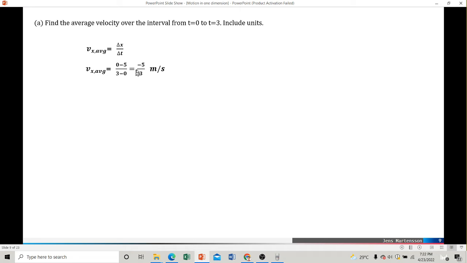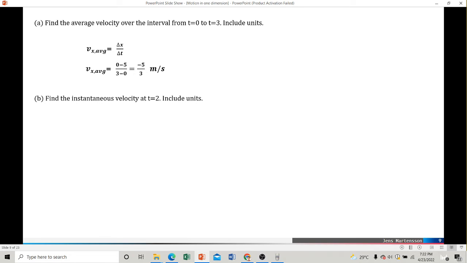So we have negative 5 over 3 meters per second. Considering that the average velocity can be a negative or positive number, it depends on the final position at the specific time.